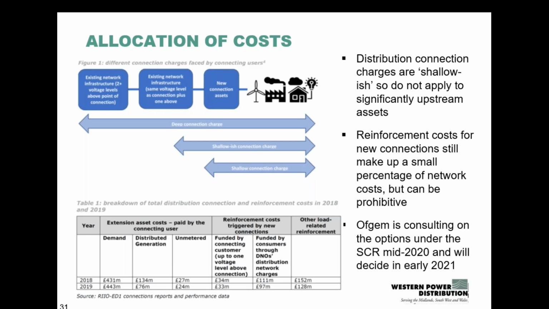So distribution charges at the moment are just shallowish. So you have to pay for your new connection assets and the same voltage level or voltage level above, and that's cost apportioned as well.